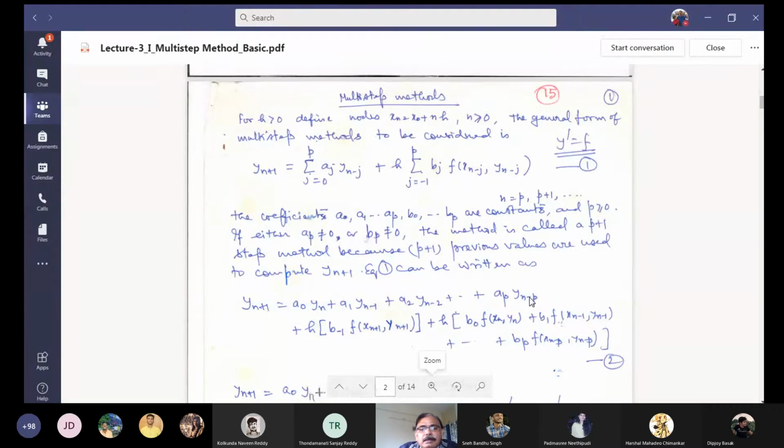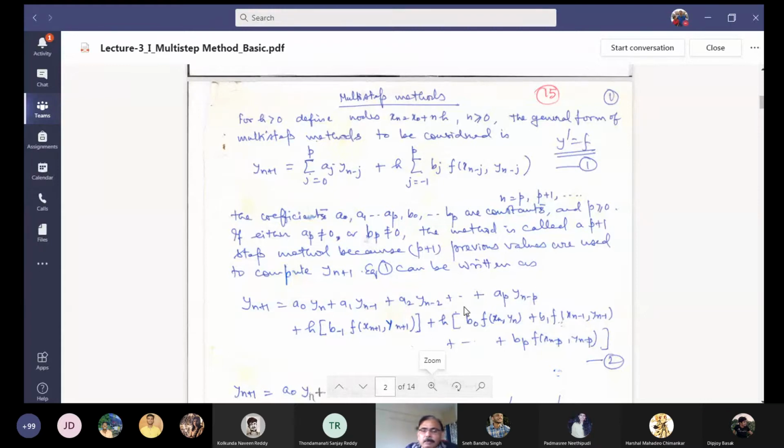Is that clear? Yes, sir. These are the initial values which you have to get if you want to apply this multi-step method. These initial values you have to get from some other method. Is that right? Yes, sir. You have already seen the Adams-Bashforth method, Adams-Moulton method, Milne-Simpson method. The only difference is that Adams-Bashforth was explicit, and the other two were implicit methods, right?